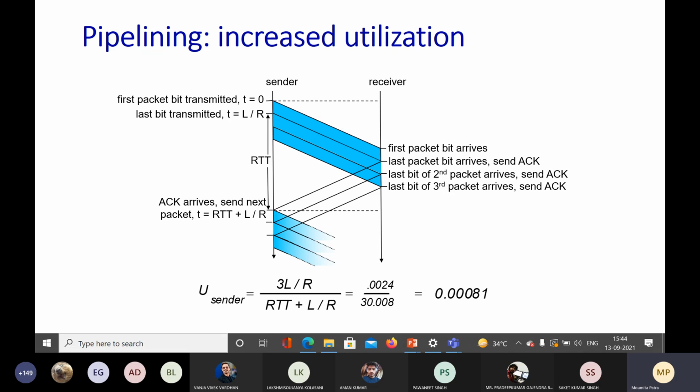Earlier it was only L by R, now it is 3 L by R, because 3 packets are being sent within the same time gap. So in the interval RTT plus L by R you can send 3 packets, which increases your utilization.